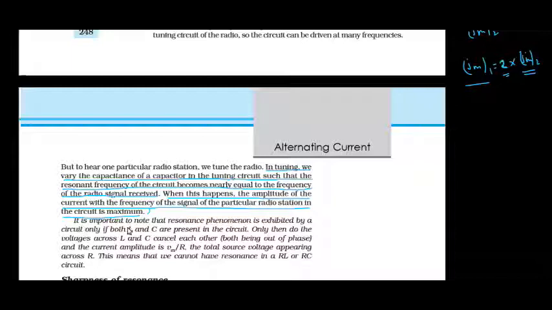It is important to note that the resonance phenomenon is exhibited by a circuit only if both L and C are present in the circuit.